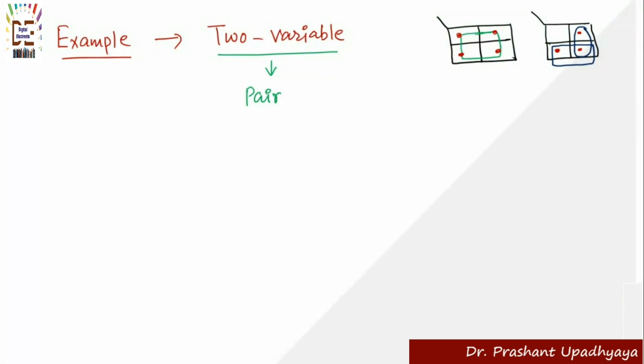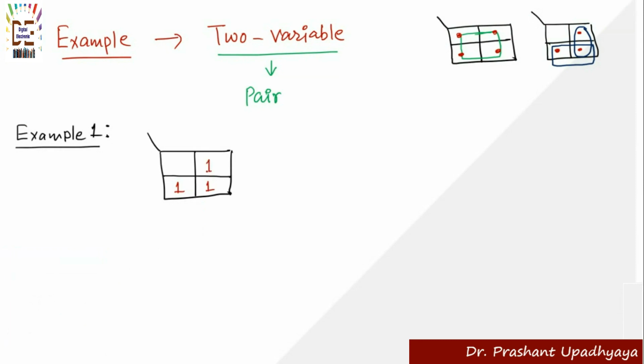The concept of pairing is that you have to minimize the code. For example, let's say I have a value like this. I have got some function 1, 1, 1, and here I have got 0. We are using SOP.